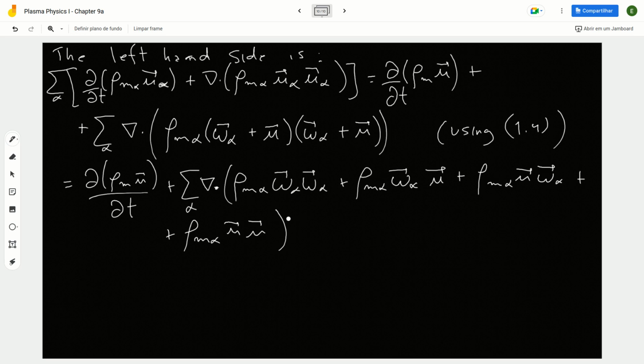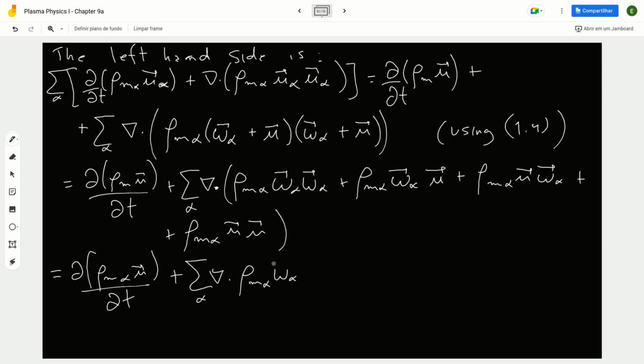Okay, which we can now use again the definition of omega to get this, plus the sum on alpha of the divergence of this first term, and I'll split the sums.